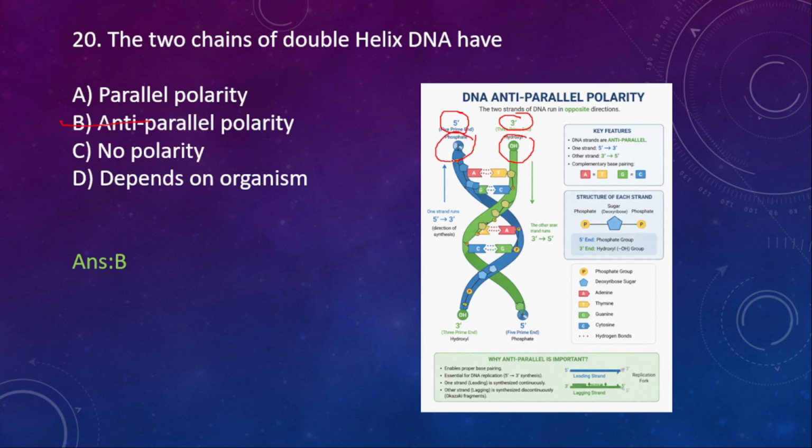And if you see the other end of the blue strand, it will have 3 dash, and if you see the green one, it will have 5 dash. So blue is running in this way and green is running in this way. So what is the direction? 5 dash to 3 dash and 3 dash to 5 dash, that is what is called anti-parallel.